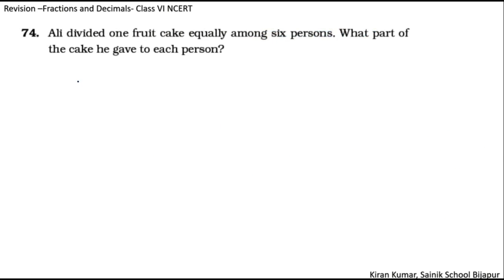Question 75. Ali divided one fruit cake equally among 6 persons. What part of the cake he gave to each person?